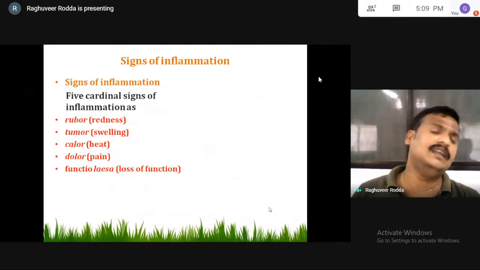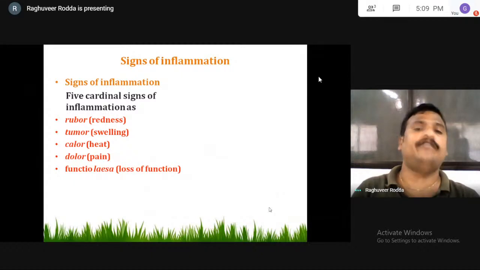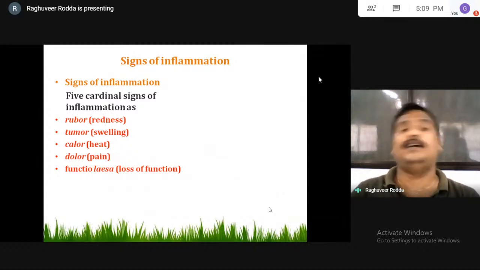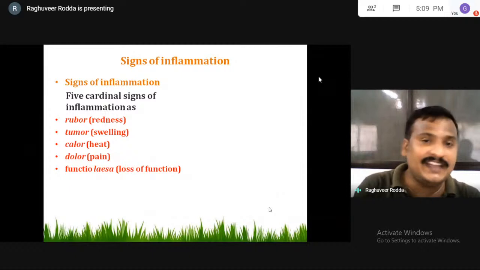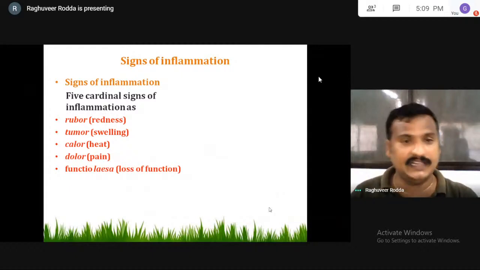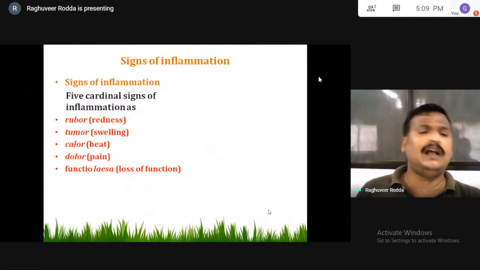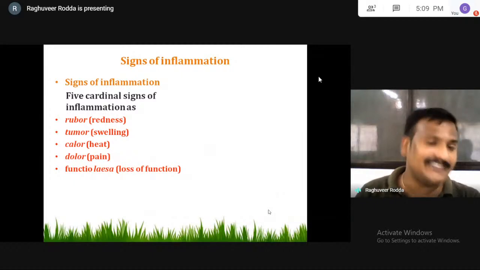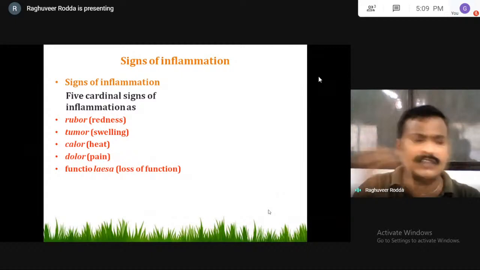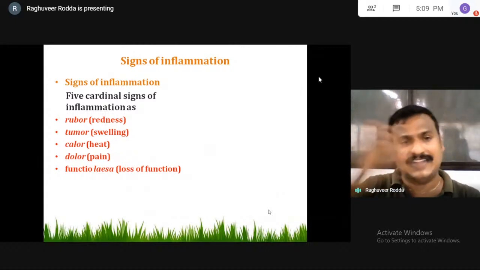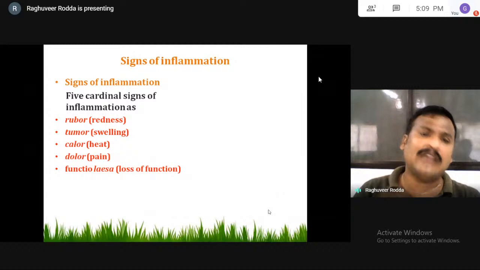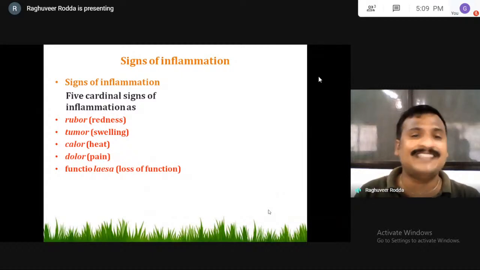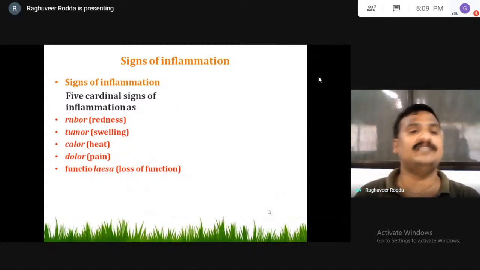How can we identify the presence of inflammation, and understand the inflammatory area from the non-inflammatory area? Because of infiltration of certain inflammatory mediators and blood contents to the affected area, there is a presence of certain specific things at that area. There are 5 cardinal signs observed in the inflammatory condition.